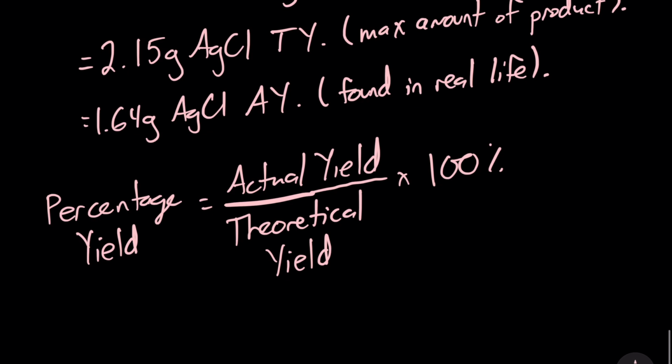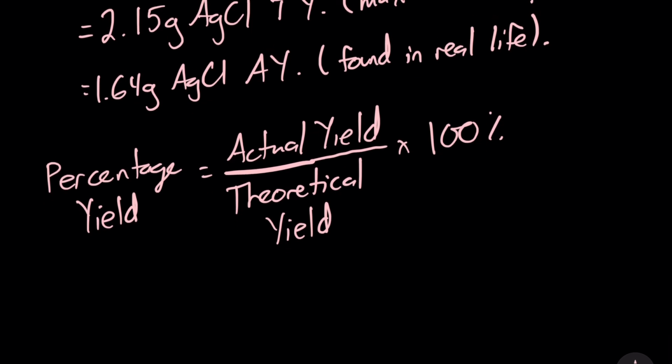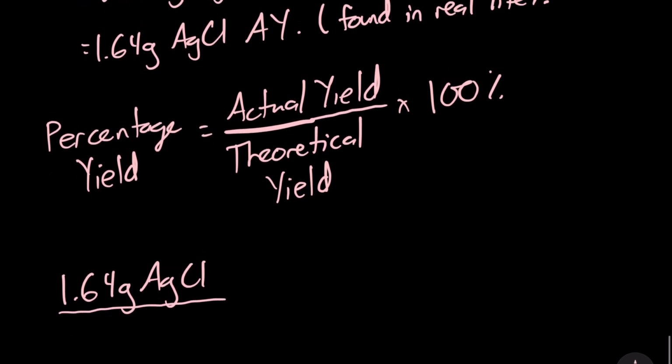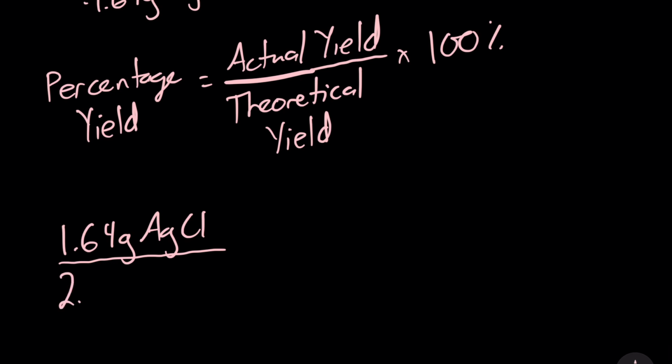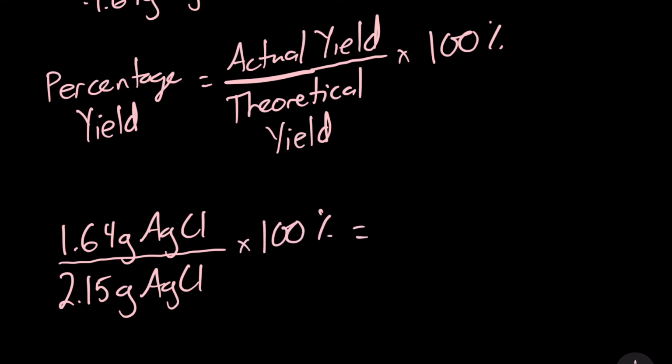So we just have to fill in our variables here. Our actual was 1.64 grams of AgCl, and our theoretical, what we figured out through stoichiometry, was 2.15 grams of AgCl, and that's just going to be multiplied by 100%.